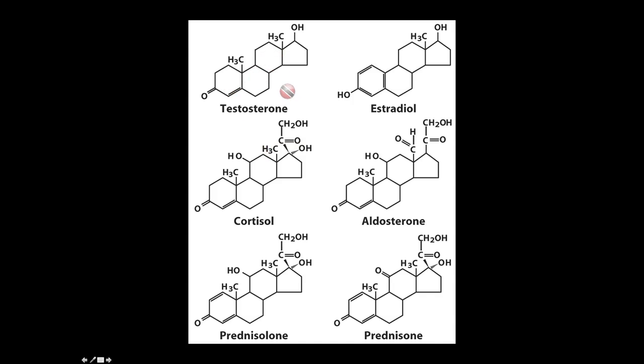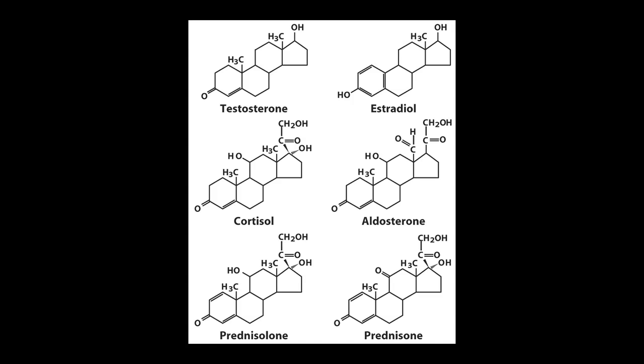1, 2, 3, 4 fused rings. And the reason why this slide is up is not for you to know these names or to even draw these things, but the one thing I want you to appreciate is that they got their steroid nucleus from cholesterol. So in other words, the body would take the cholesterol molecule and make these guys.